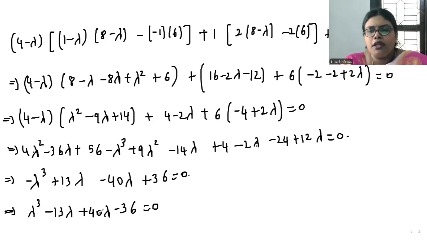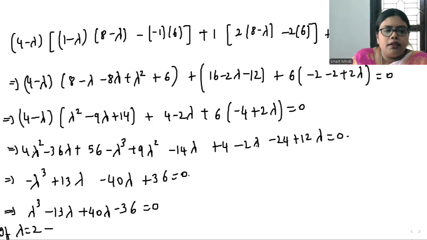So one root you can get by trial and error method. So if I substitute 1, anyhow it is not becoming 0. So let us try with lambda is equal to 2. So if lambda is equal to 2, then 8 minus 52 plus 80 minus 36.